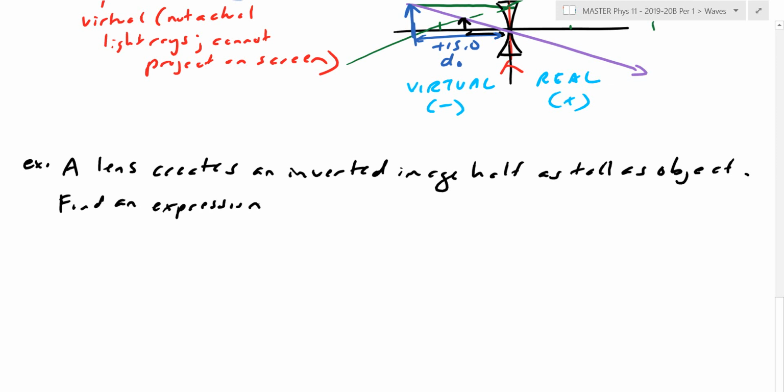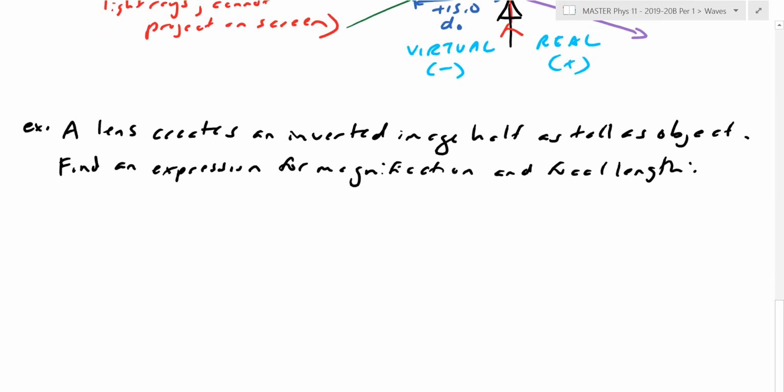Let's give you a hint here. Find an expression for the magnification and the focal length. So again, this one here, same equations, but we're given fewer numbers. We may not actually be able to solve for your height or your image distance, but at least I can get the relationship between the two of them. So let's just go right ahead here.